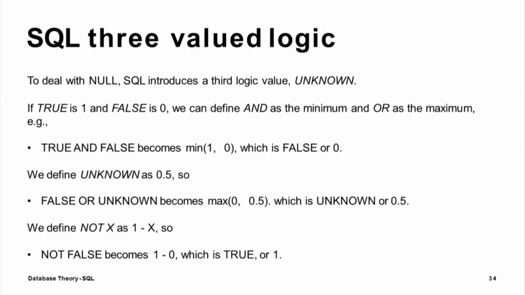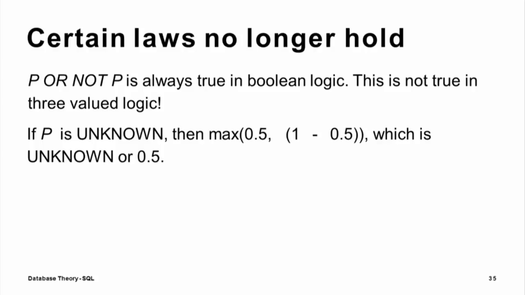So that null value messes things up a bit, but there's a solution to it. And there you have it. P or not P. I think that's a version of to be or not to be.